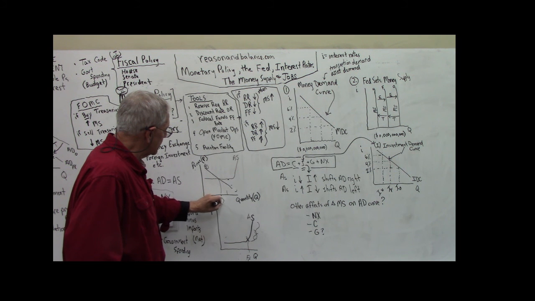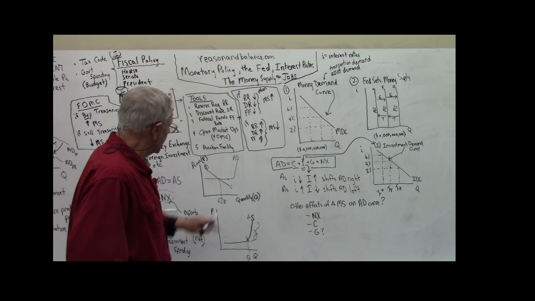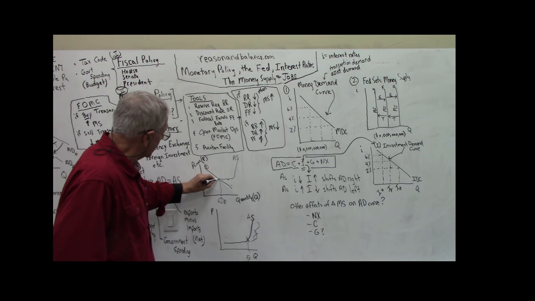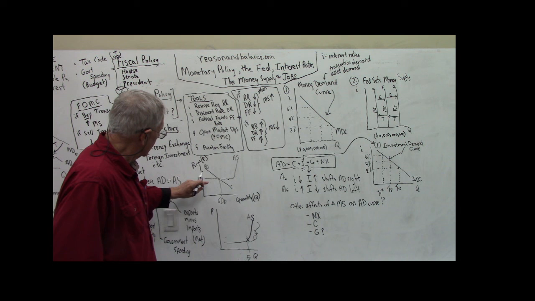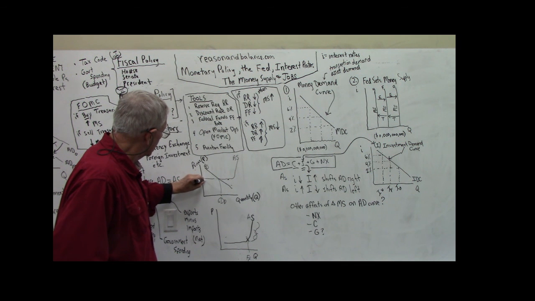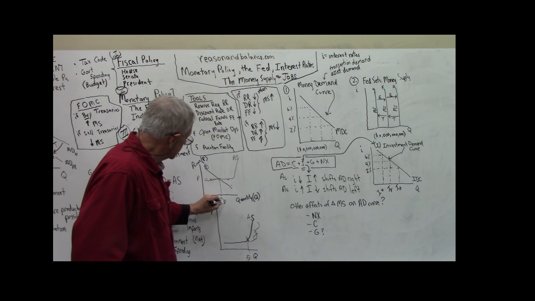This is where GDP would be, right here. Okay, so that's how that works. That's what I mean by AD equals AS. It's right here. Okay, so that's where the prices would be, and this is where the level of GDP would be, right here.